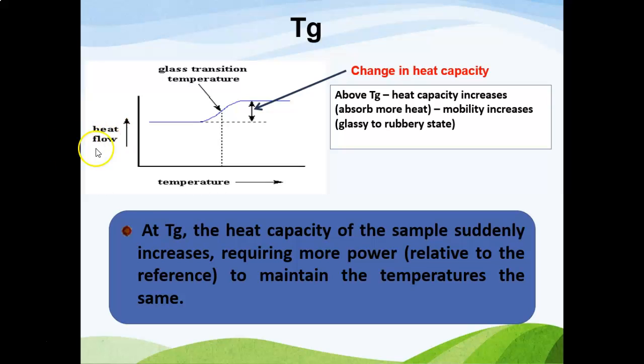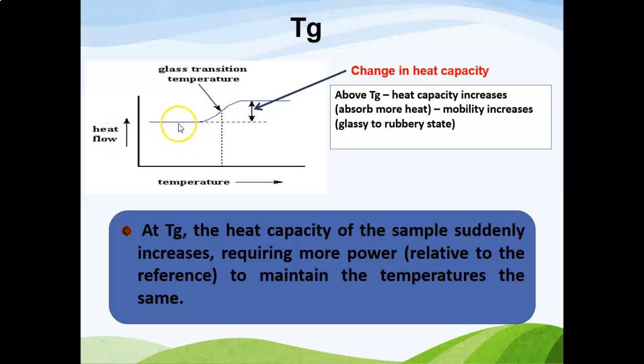Now the most important thing is you need to see the heat flow arrow here. When the heat flow arrow is upward, it is endothermic. If your heat flow arrow is going downward, we can assume that it is an exothermic process.